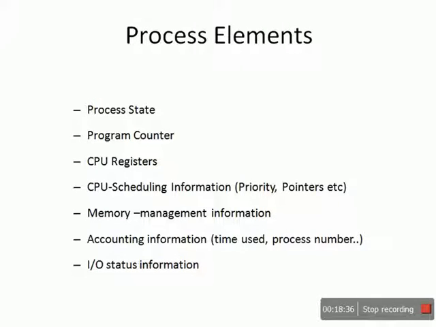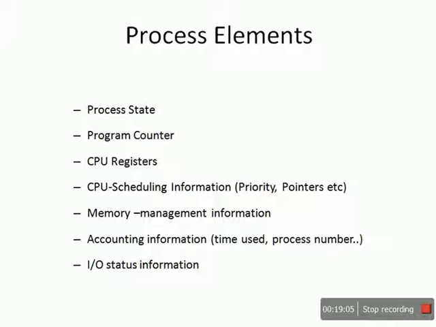So what all elements are there of a process? A process has its state, one of 5 states, which we have just seen. The program counter, which shows which next instruction has to be executed.